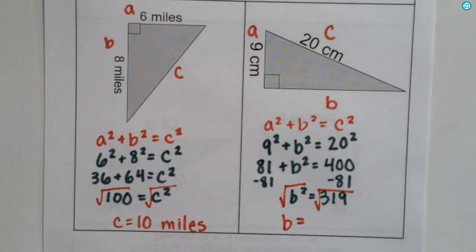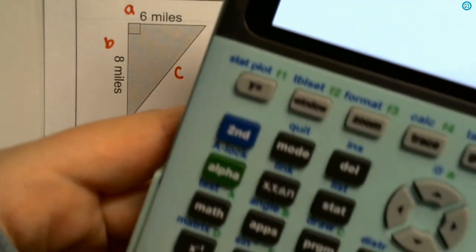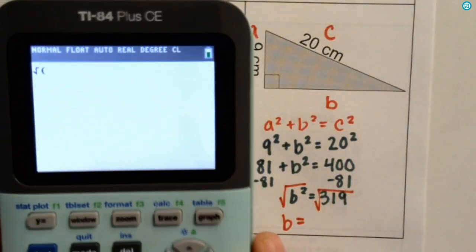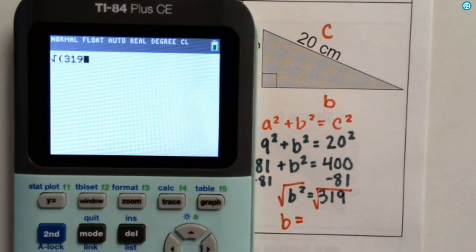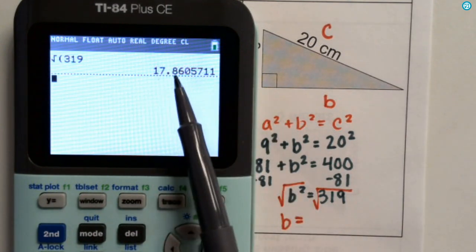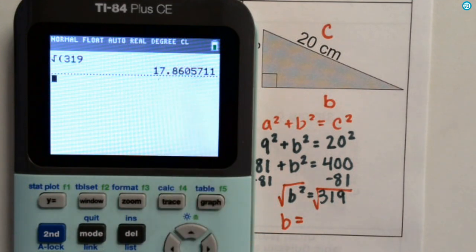So in your calculator, you have to hit the second button in the top left, and then square root is above x squared. So square root of 319. And then we have to round to one number after the decimal place. So we have to decide, does this stay 17.8 or does it round up to 17.9? 17.9.